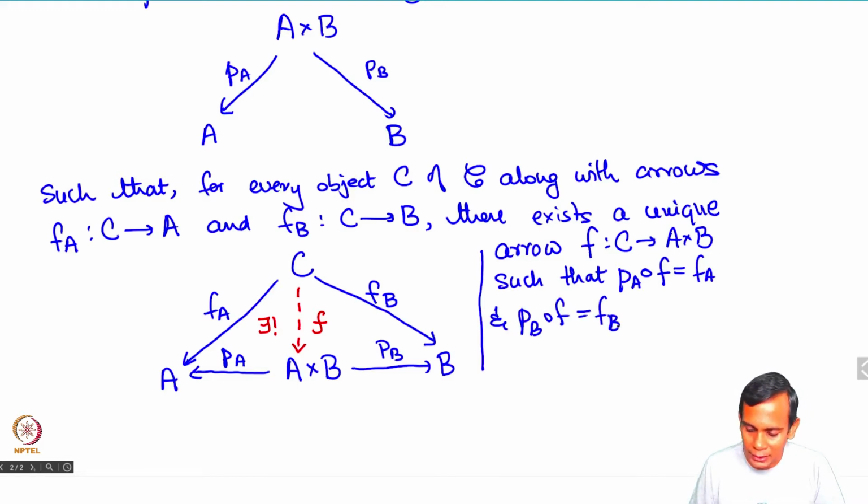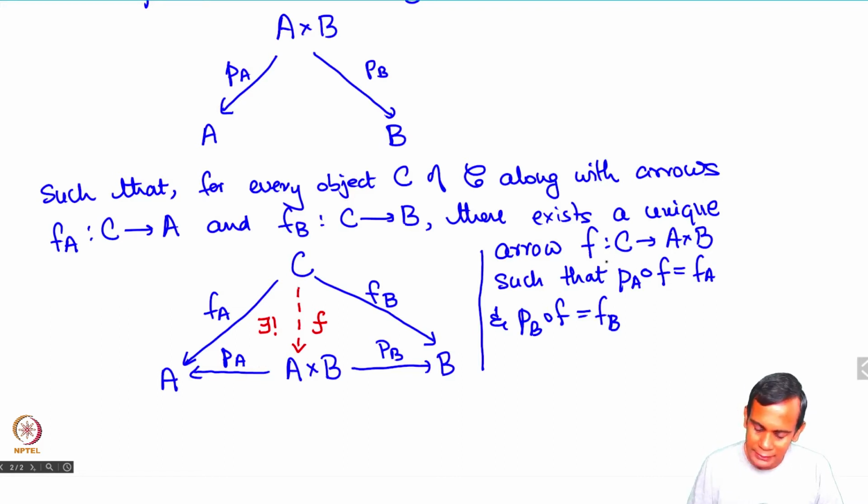Now these conditions are more easily visualized in this diagram here on the right. What we are saying is, in this diagram, you go from C to A, there are two possible paths. One path is to go directly from C to A using the arrow f subscript A, and another possible path is to go from C to A via A cross B. The arrow involved here is P subscript A circle f.